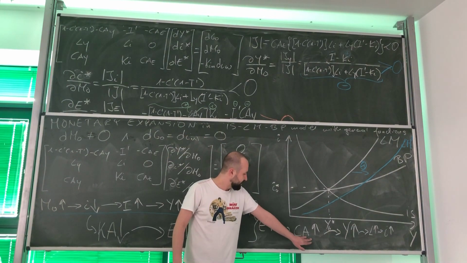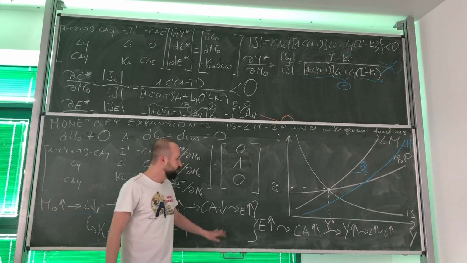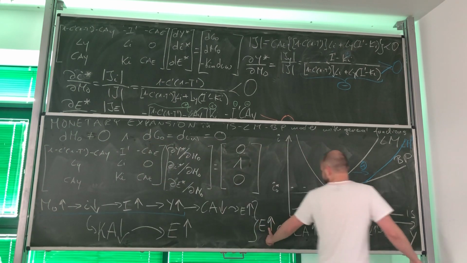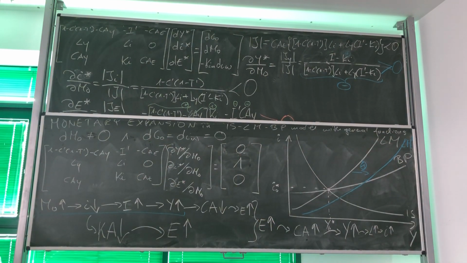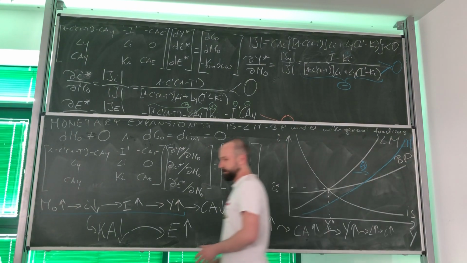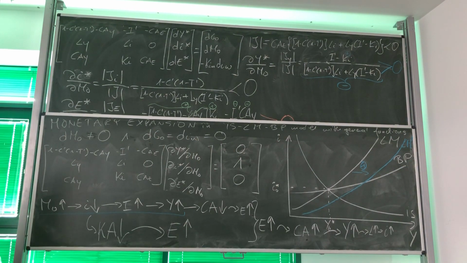And as you see, the deficit in the current account will be closing as a result of depreciation. So look, what we see over here is that this is not enough.